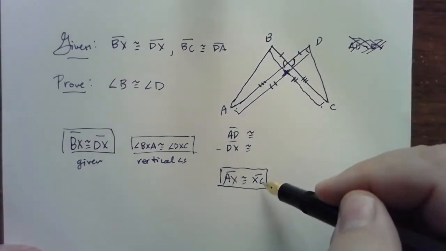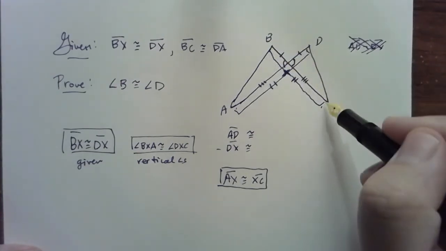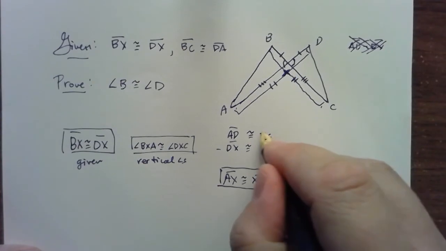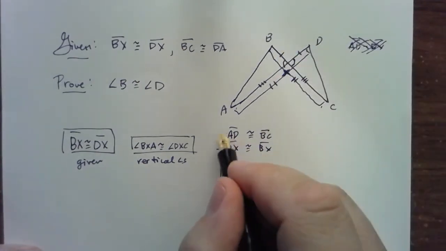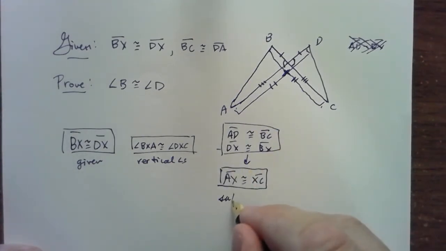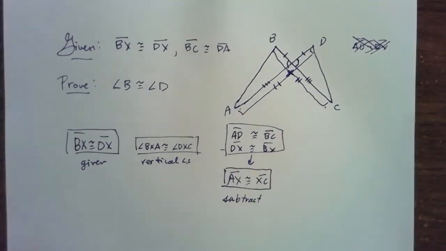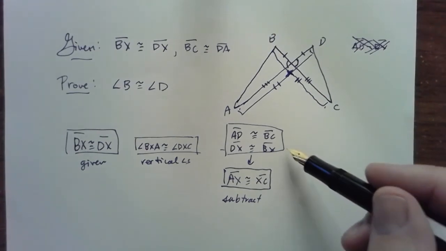Then let's look at the other side. I want to get XC. So XC is going to be found from taking BC and subtracting from BC, BX. And then I'll get this by subtraction. But you must give me two reasons. I need a reason why this is true, and I need a reason why this is true.